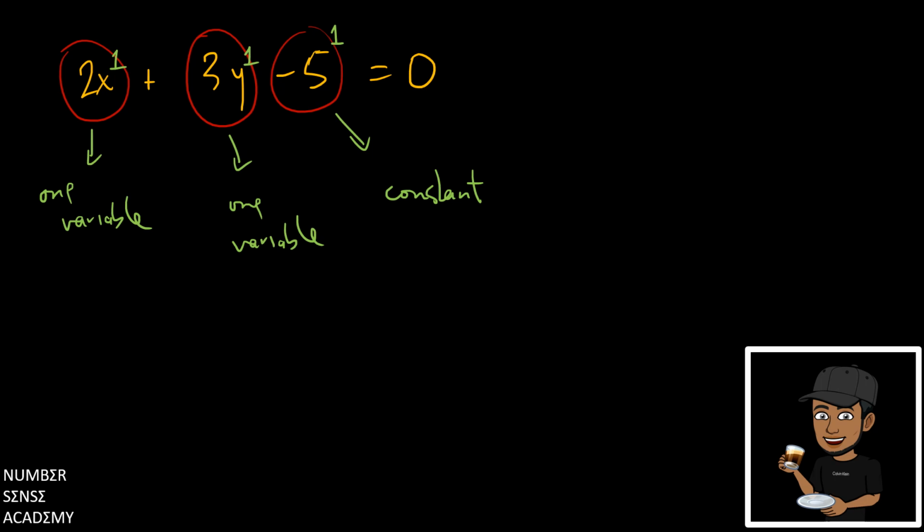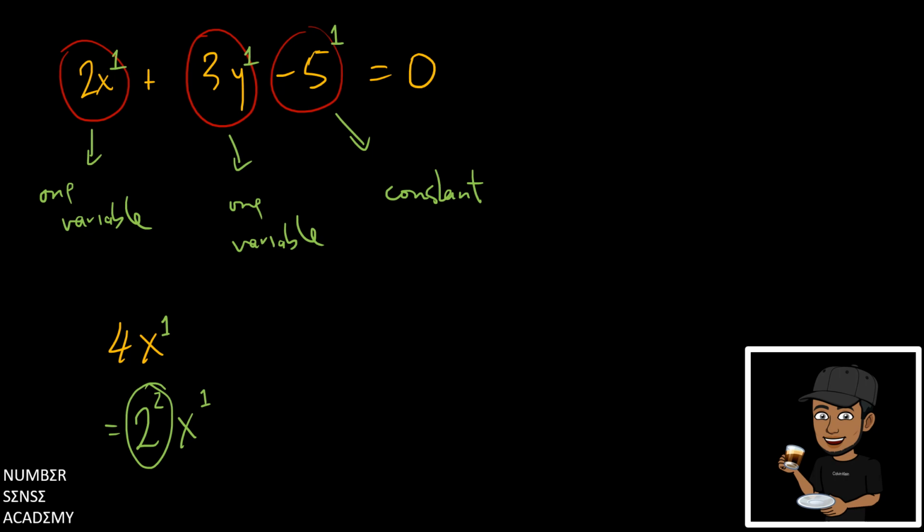What I mean is, what if I had 4x? This x has a power of 1, but this 4 can be written as 2 to the power of 2, x to the 1. But we don't care about this. All we care about is what the variable is, because that's what we're going to change.